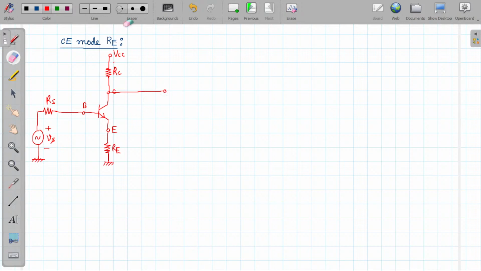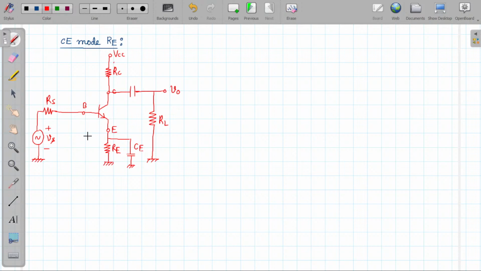Here we will also apply a capacitor, the coupling capacitor. We have already discussed this in the previous lecture, and there is a load resistance here. This is the load resistance RL, and here we will get the output voltage. There will also be a bypass capacitor, or emitter capacitor, which we denote as CE.